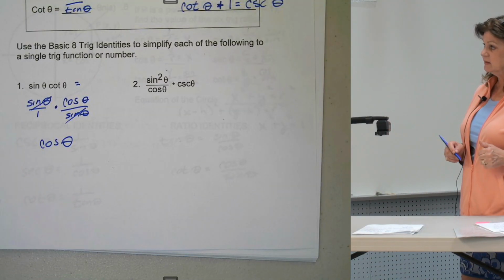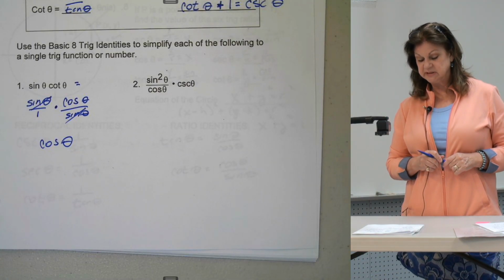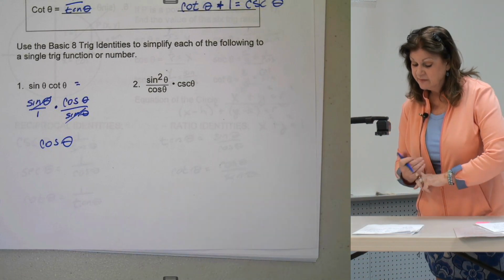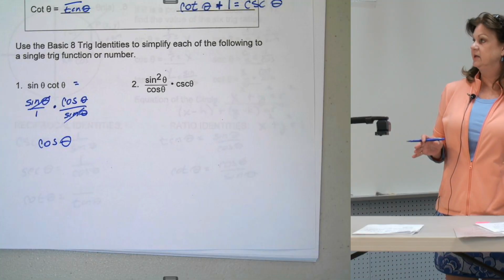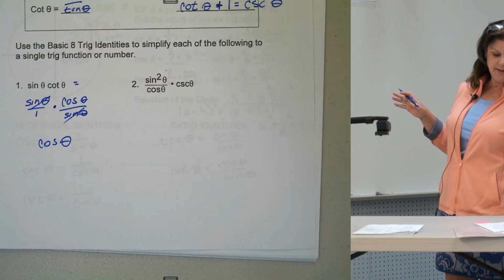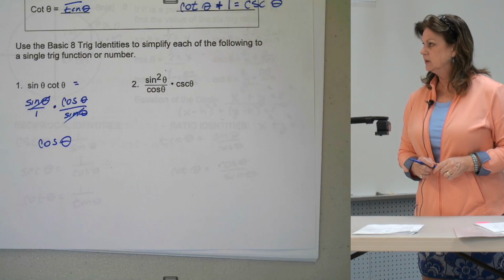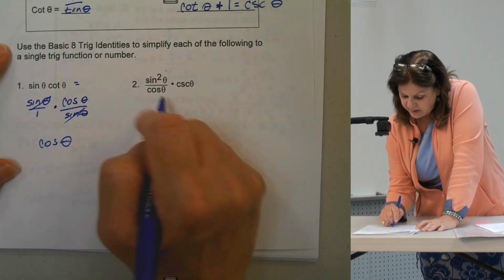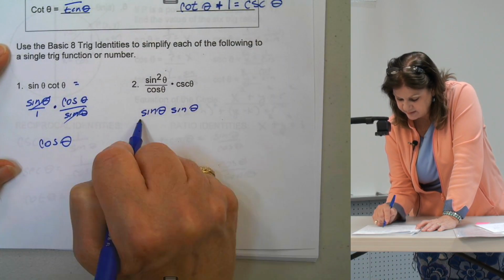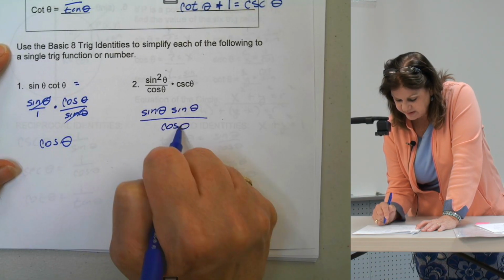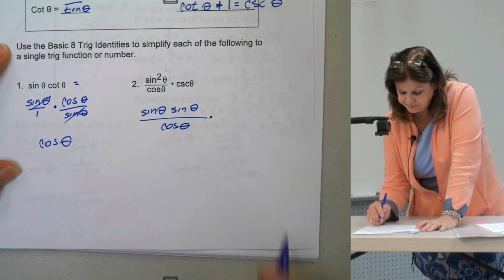All right? Let's look at the next one. Sine squared theta over cosine theta times cosecant theta. That's a lot. So think this through. First of all, I'm seeing sine squared and I'm thinking granddaddy identity. But if I plug in 1 minus cosine theta, that's really not going to help me. So what I'm going to do, I've got sine theta times sine theta over cosine theta times what is cosecant theta?